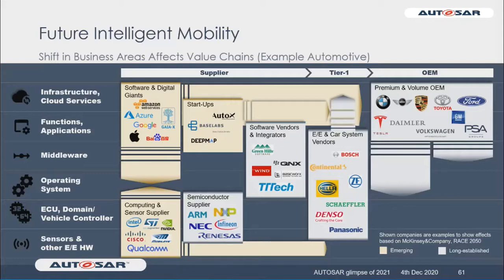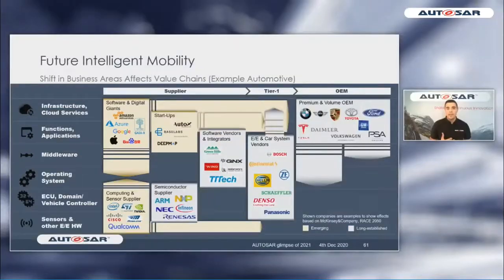The biggest clash is in the parts where the arrows are broad, which means the operating system and middleware is something that everybody would like to have in their hands. Why is this the case? The data ownership for the future is split more than in the past, and it will be discussed on this layer.